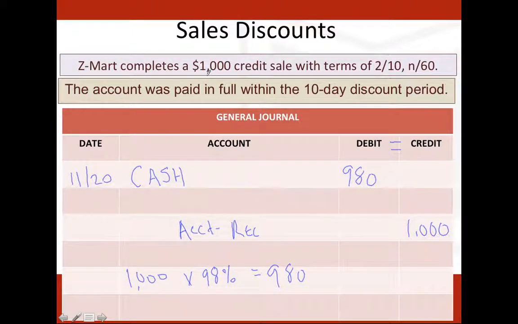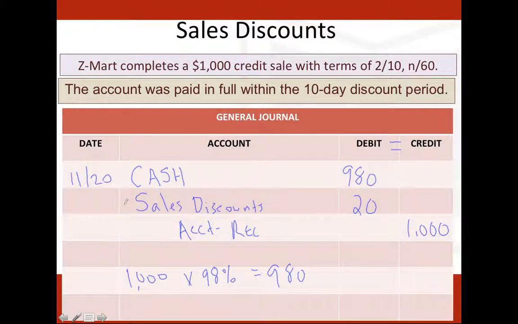We were supposed to get 1,000. We granted a 2% discount. So we're going to make a debit to a new account called Sales Discounts for $20. 1,000 times a 2% discount would be $20. So we collected $980 in cash. We gave a $20 discount, and that receivable goes away.